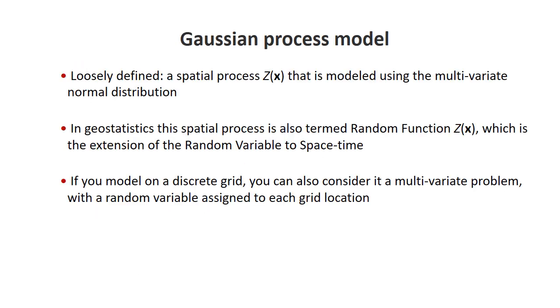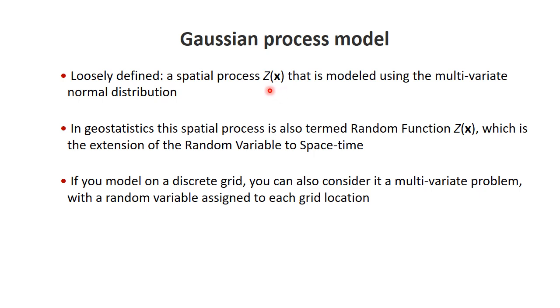More specifically, in a spatial context or in a temporal context, we'll now be defining what's called a Gaussian process model. Earlier in the course, we already talked about one process model, which was the Poisson point process model. Now with a Gaussian process model, we'll be looking at a spatial process where we extend the notion of random variable, say the random variable z, which was the univariate case, to now a variable z that's a function of x.